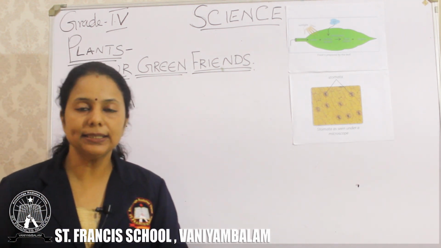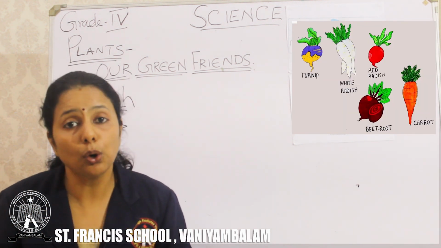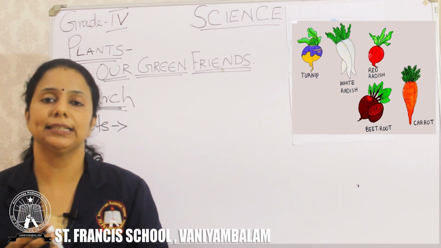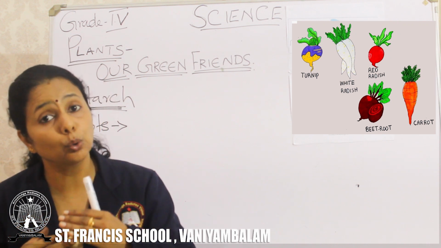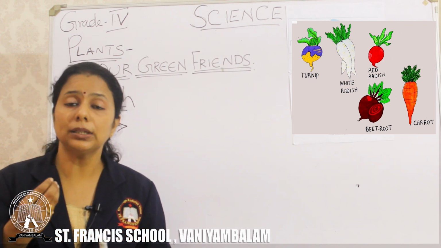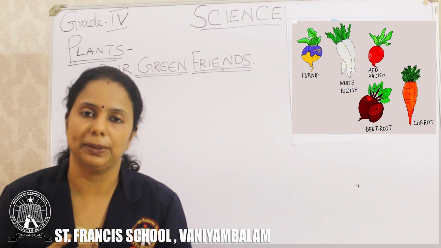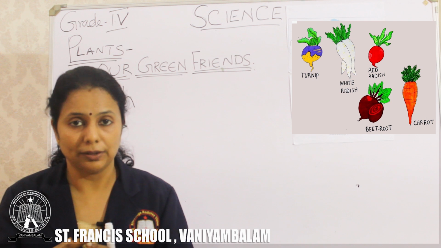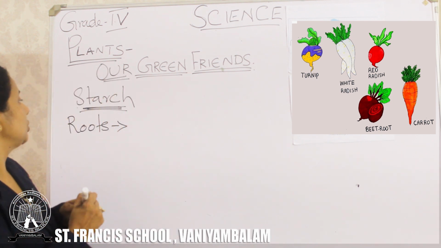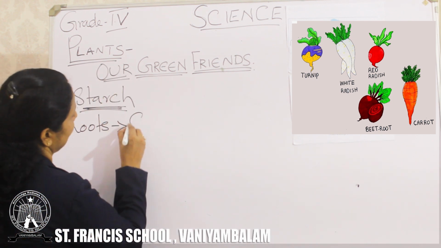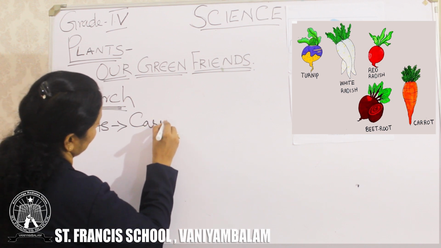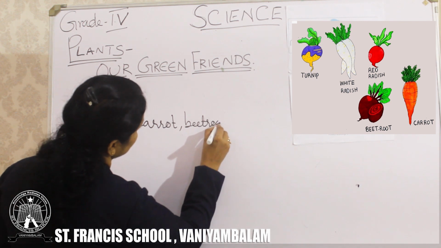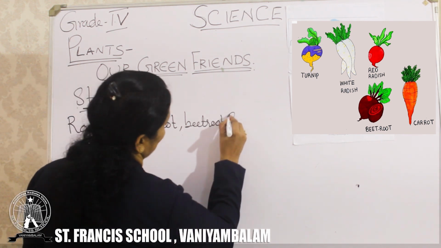In some plants, the food is stored in the roots. Okay, the excess food is stored in the root of the plant, and that root we use as vegetable. Okay, so that root where the food is stored we use as vegetable. Okay, so examples are carrot, beetroot, then sweet potato.